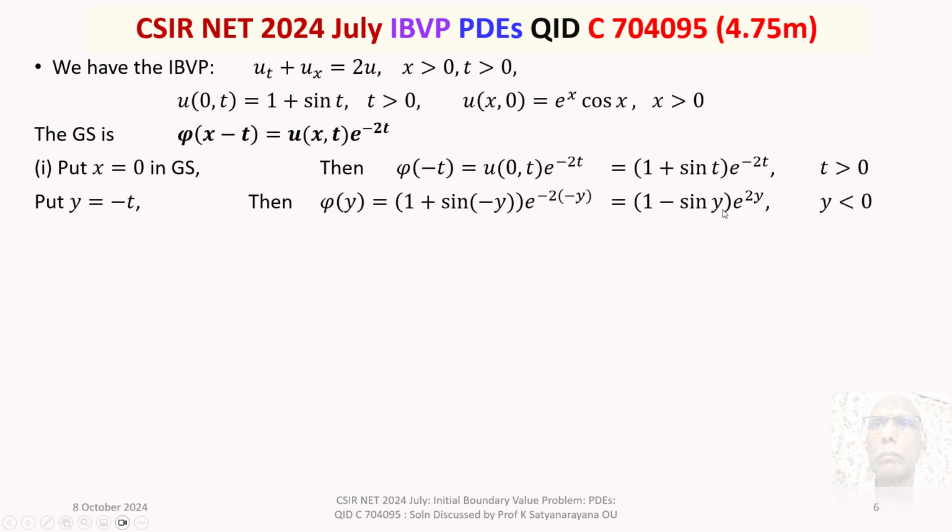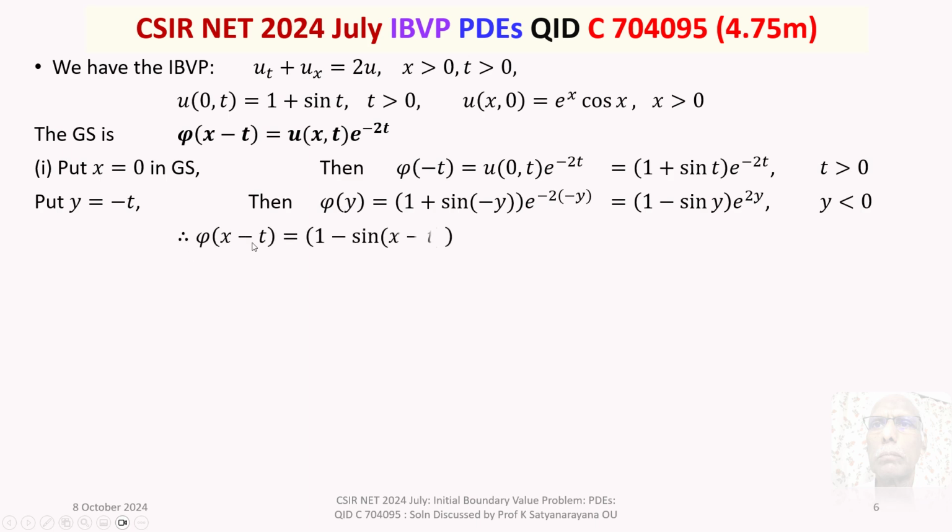Now y is equal to minus t. When t greater than 0, y is equal to minus t will be less than 0. Therefore, y will be less than 0. So that is the one. Don't forget these things. These are very important. Now what is it that we want? Phi of x minus t. So substitute for y, x minus t.